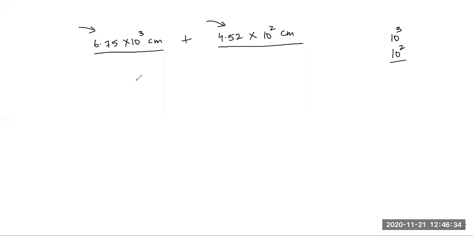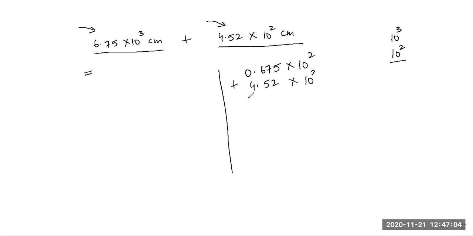So students, we will do both. If we go with 10 raised to power 2, see what's happening. Let's say we convert this also to 10 raised to power 2. So this will become 0.675 into 10 raised to power 2 plus 4.52 into 10 raised to power 2.